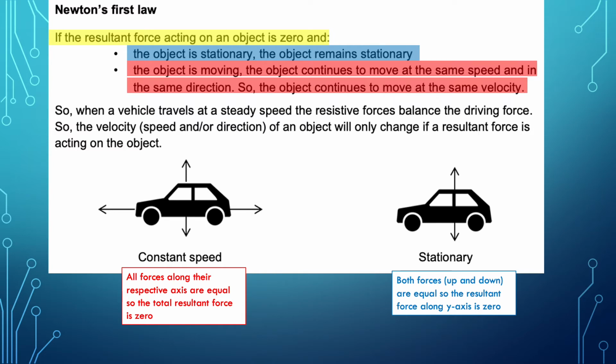Generally this just means that the car was moving. But since the forward and backward forces are equal to each other, there's no change in velocity, and change in velocity is acceleration. So hopefully you make that distinction between the steps, all right?